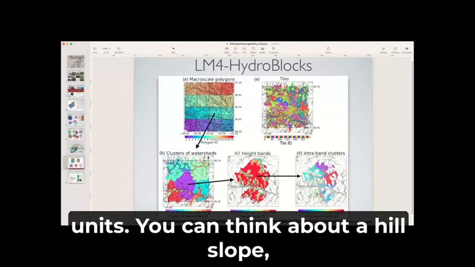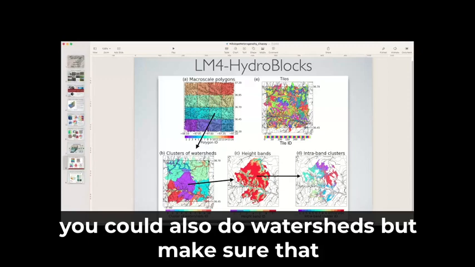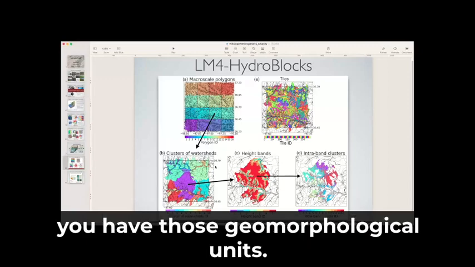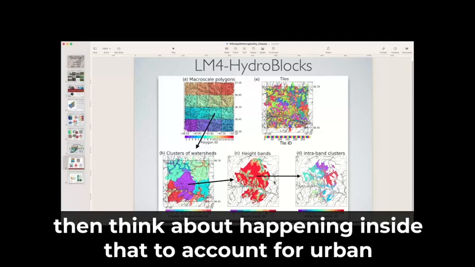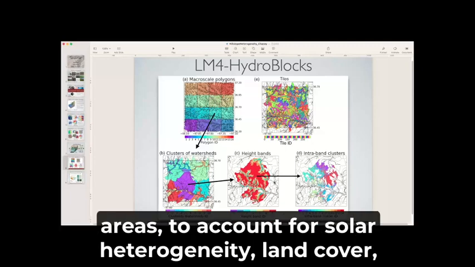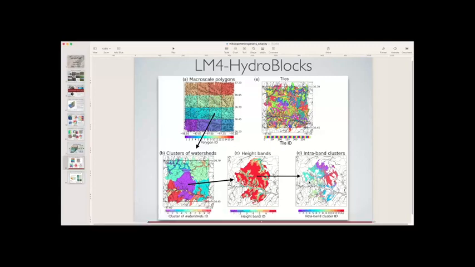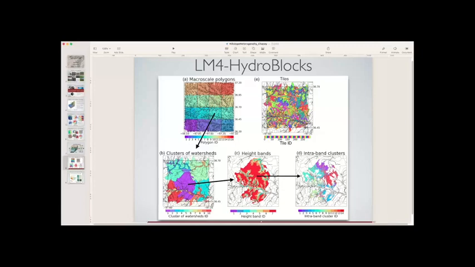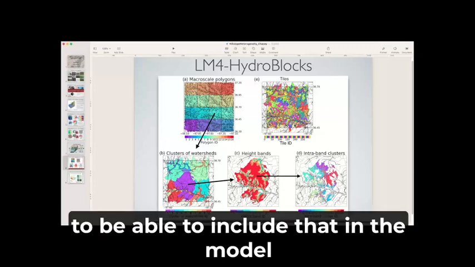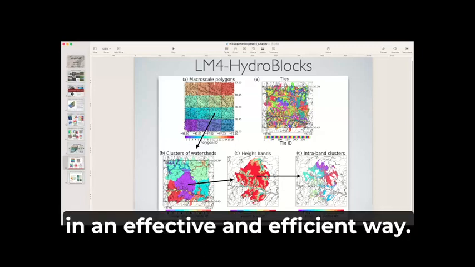You can think about hill slopes. You could also do watersheds, but make sure that you have those geomorphological units. Then take that discretization and think about the height bands, and then think about what happens inside that to account for urban areas, soil heterogeneity, and land cover heterogeneity. And that leads to these maps of tiles, which you can then use to include that in the model in an effective and efficient way.